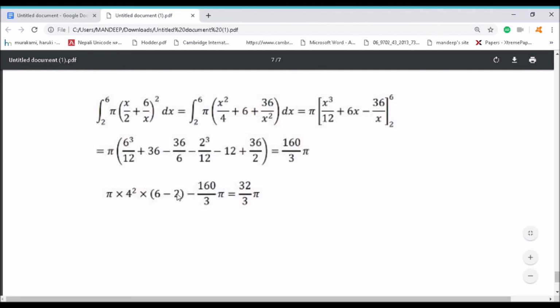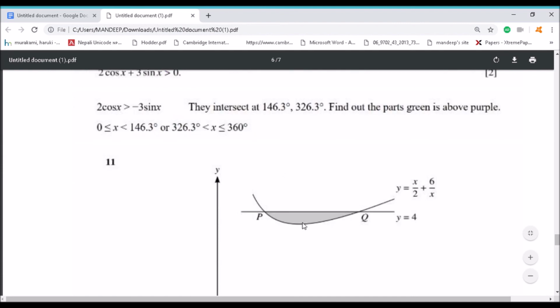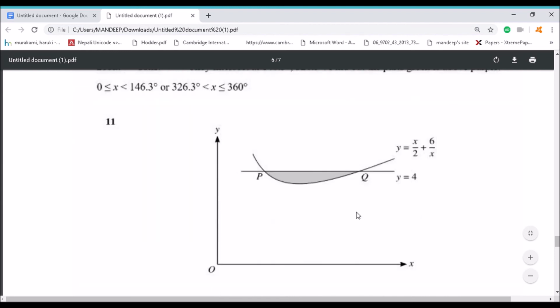You may be a little bit confused here, because when it's rotated, it's not the shaded part, it's the area below this line to the x-axis. So we find the total area like this. Look at the cursor.